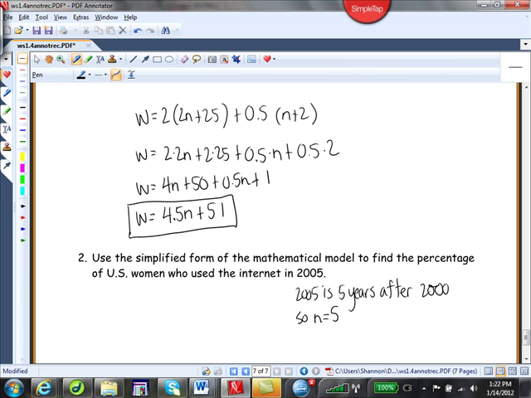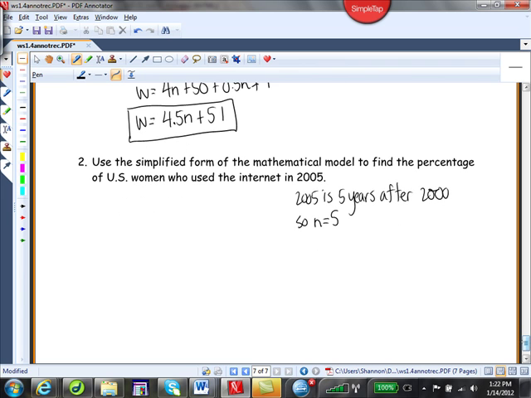All right, so let's come back over here. W equals 4.5 times n plus 51. So we are going to evaluate this equation at n equals 5. So we'll get W equals 4.5 times 5 plus 51.